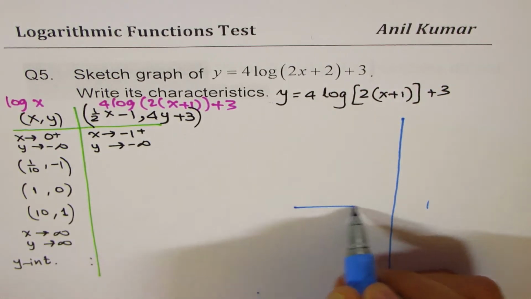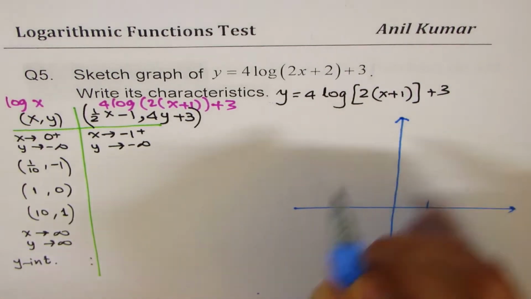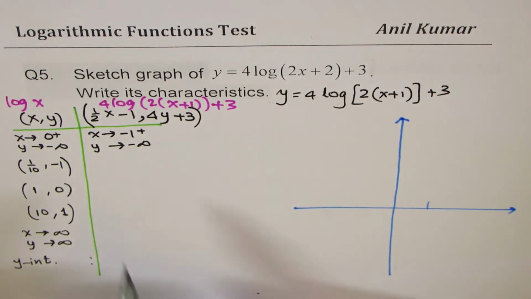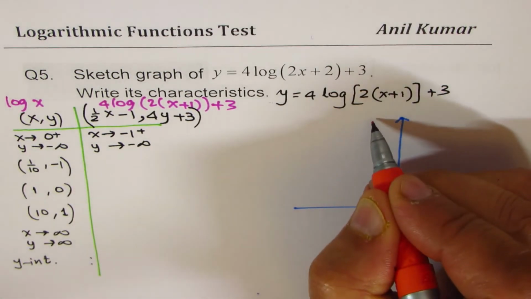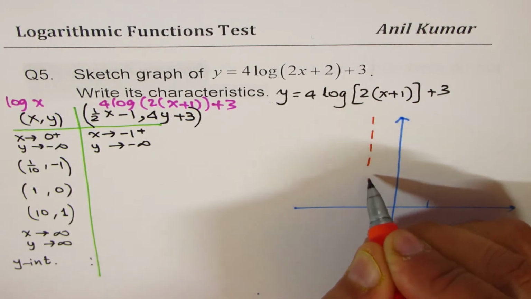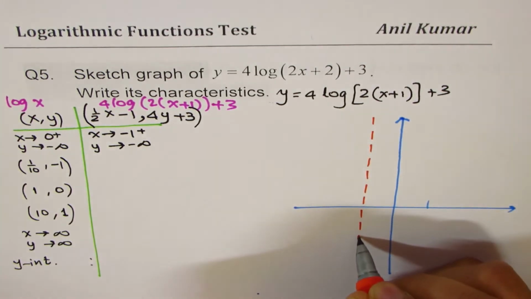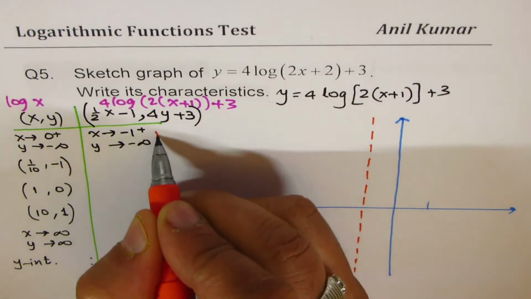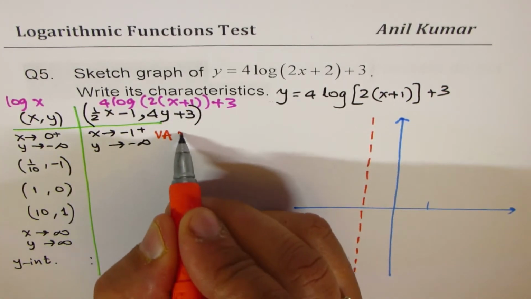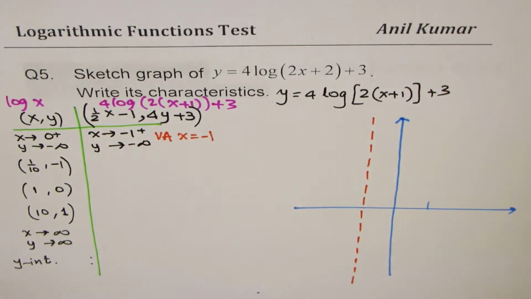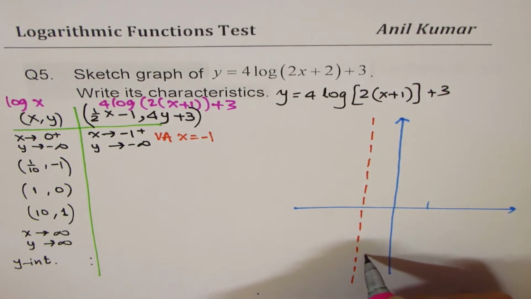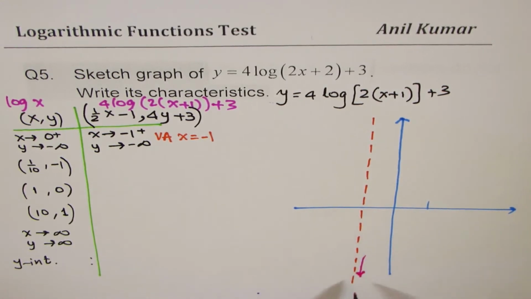We're just using very rough sketches, which always make sense. So that is the vertical asymptote. So let me just draw a vertical asymptote here to represent this point. So this is the vertical asymptote at x equals minus 1, correct? So that really means that when you're approaching, this is how the graph approaches, correct?